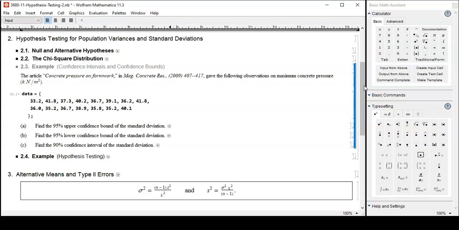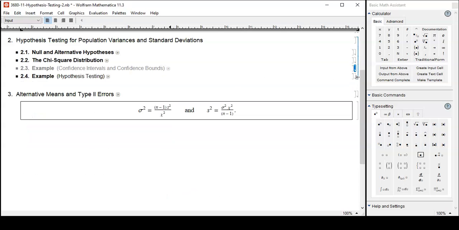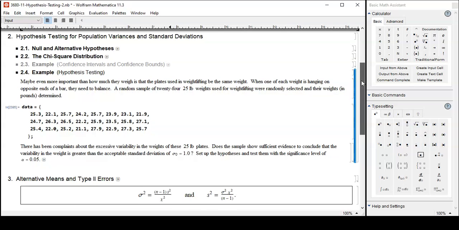Here is an example problem for confidence interval, but this one we covered in lesson 10. If you need some review, go ahead and review. Now let's go to a hypothesis testing example. You can stop the playback and read through the problem first. It goes like this.